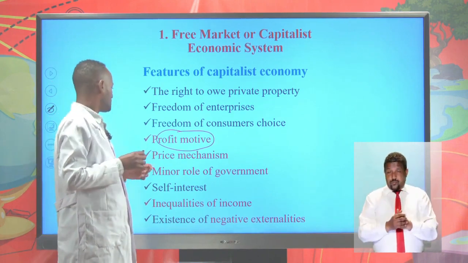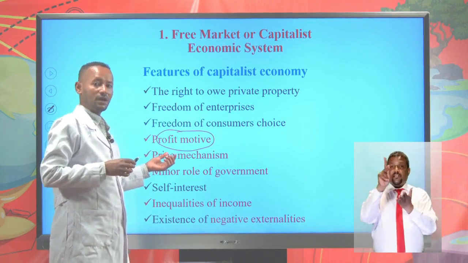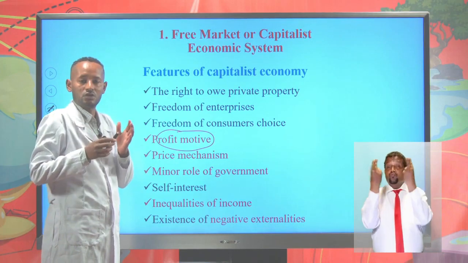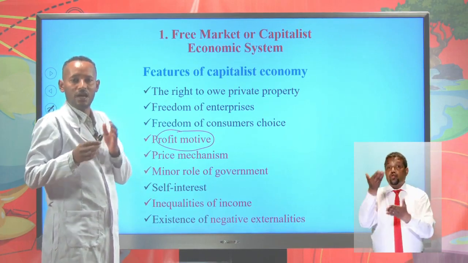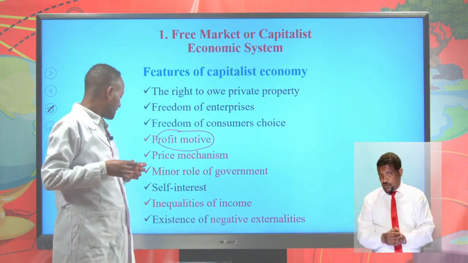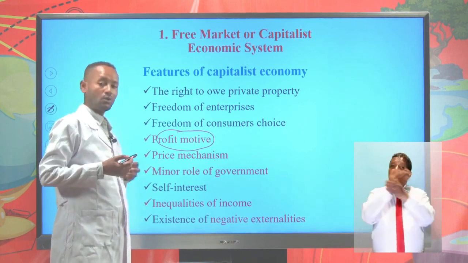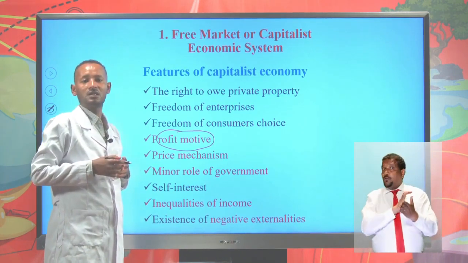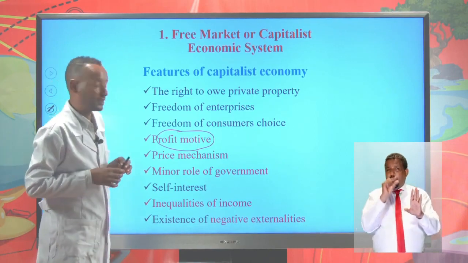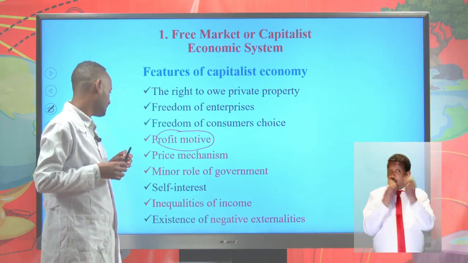The other feature is the price mechanism. Price is used to allocate resources. It is used to determine the demand and supply of a commodity. The other feature of the capitalist economic system is that there is a minor role of government, or government intervention is minimum under the market economy or the capitalist economic system.